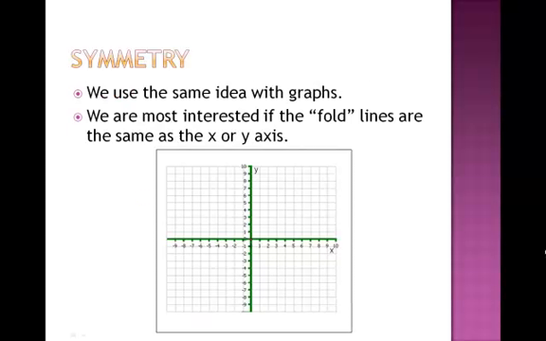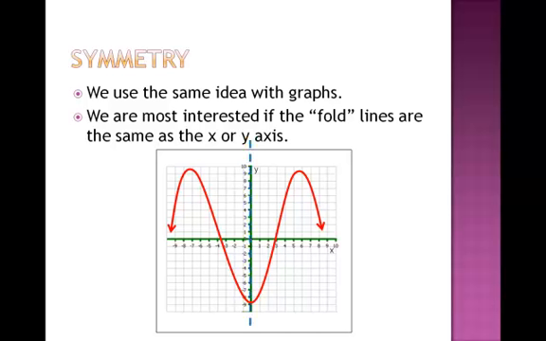So using this idea of symmetry, let's see if we can take a look at a graph and basically determine if it has symmetry. So if you look at this graph that I have below, imagine that there's some sort of place that we can fold it and that it would line up with itself. If you look at the graph for just a little bit, you can see that if you fold along the y-axis, this graph would sure enough match up with itself.